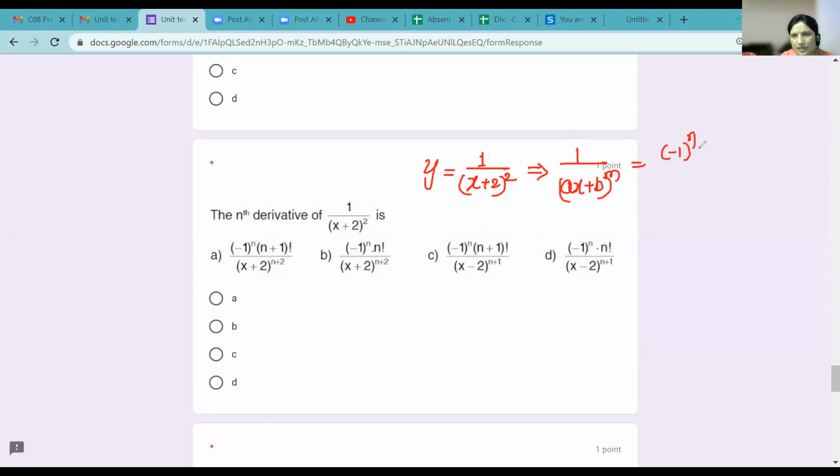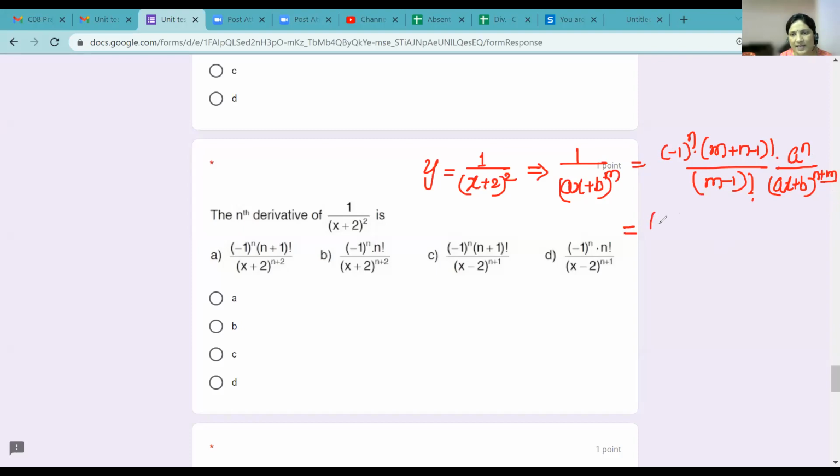Minus 1 raised to n into (m plus n minus 1) factorial divided by (m minus 1) factorial into a raised to n divided by (ax plus b) raised to m plus n.